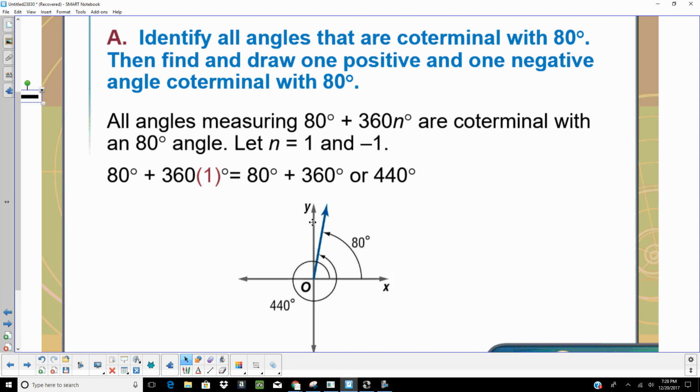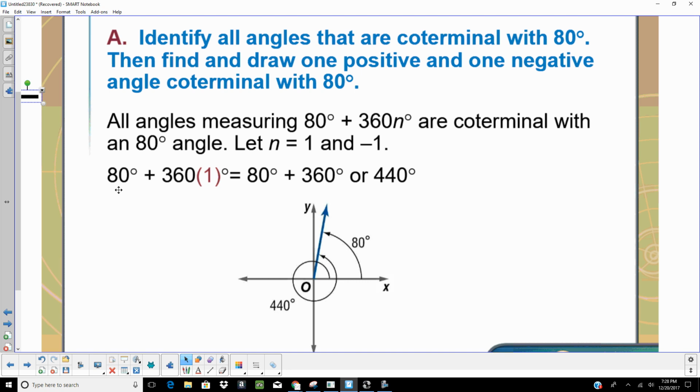It's slightly less than 90, not quite a right angle. They give us the formula 80 degrees plus 360n. So that is everything that would be coterminal. But I want to find one positive and one negative. So I'm going to let n equal positive 1 for my positive and negative 1 for my negative.